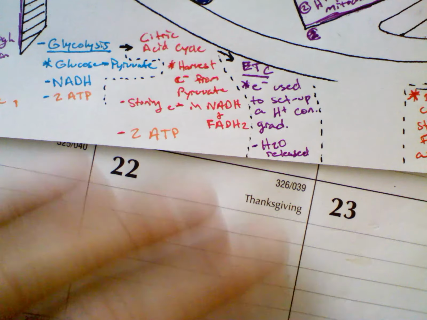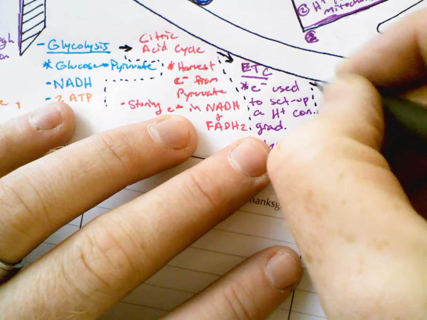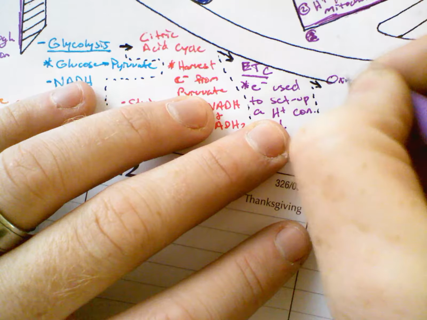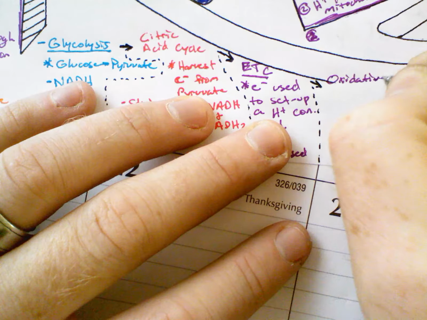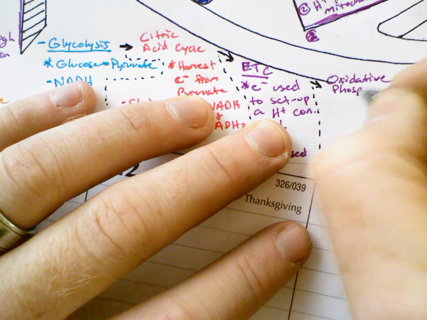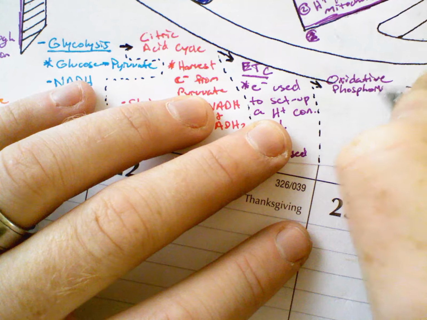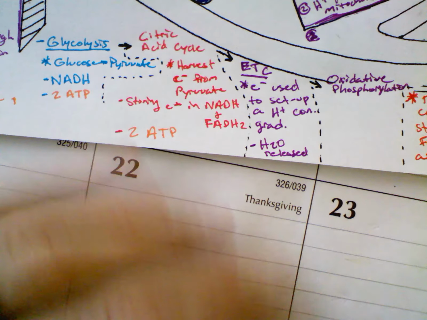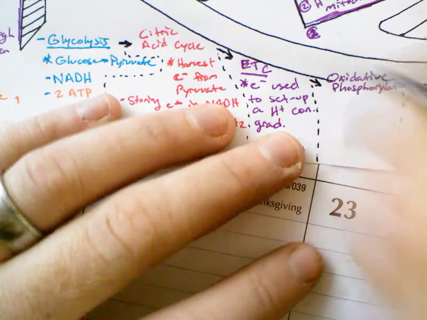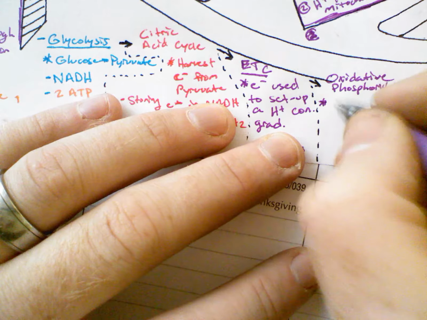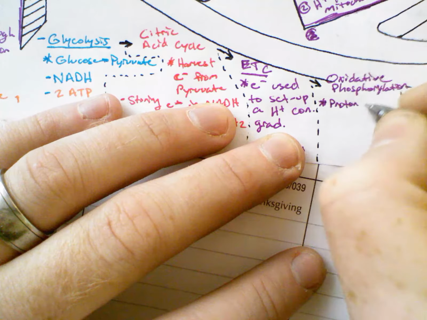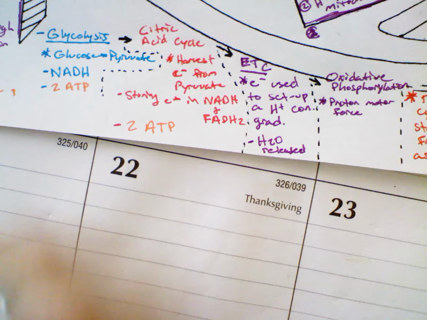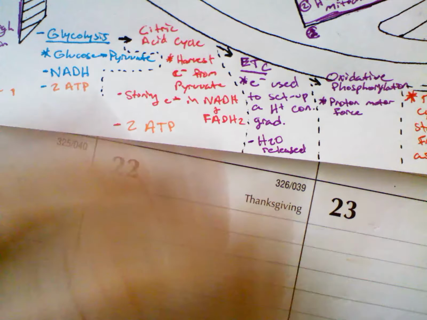Okay, and then final step, the big payoff. Oxidative phosphorylation. This is a vocab word out of your book, proton motor force, which is just the force generated by those protons falling back through the ATP synthase.